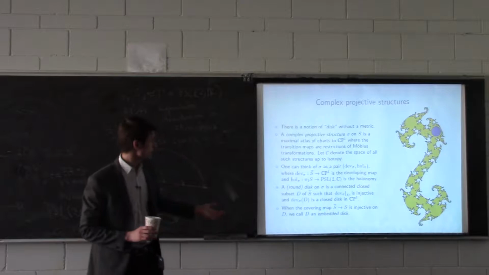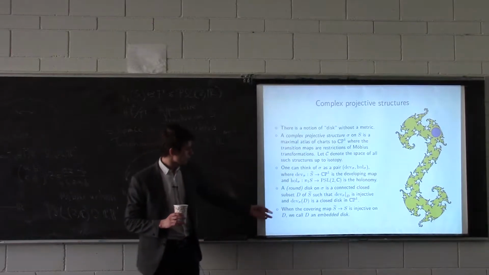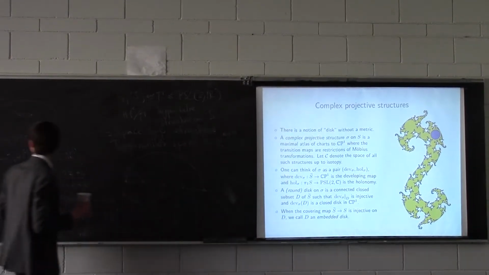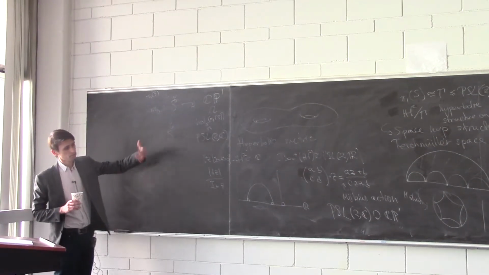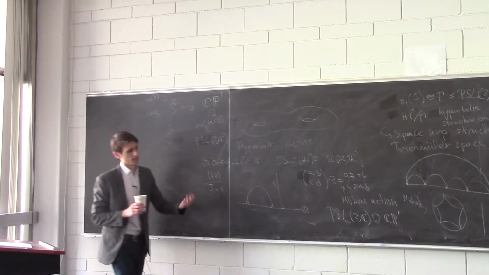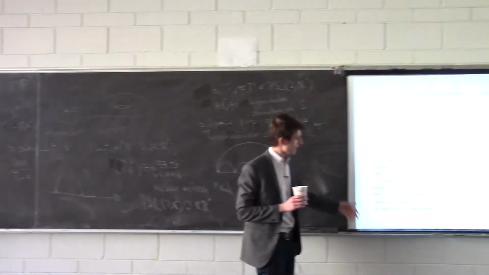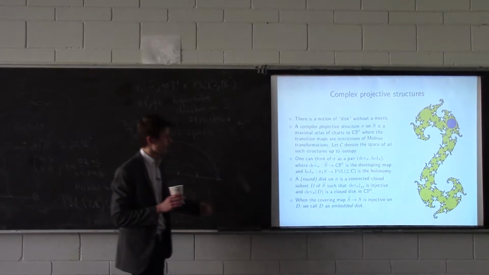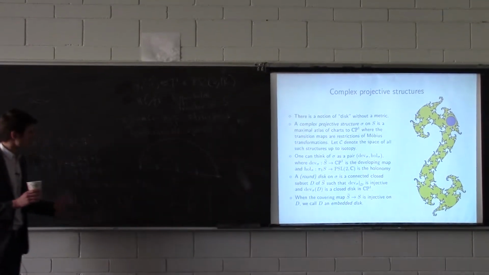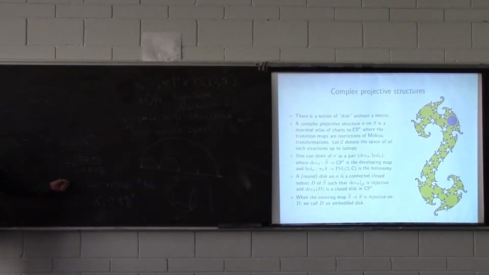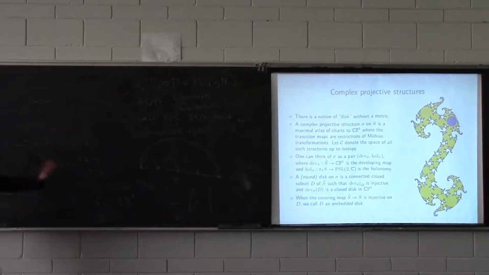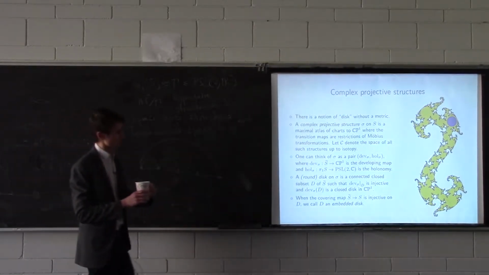And you can also talk about embedded disks. They'll be embedded if, under the projection from the universal cover down to S, the disk goes in without overlapping itself, right? So now you can ask, okay, we have a notion of circles. We have a notion of angles because Mobius transformations are conformal, so we can have tangency between two circles.